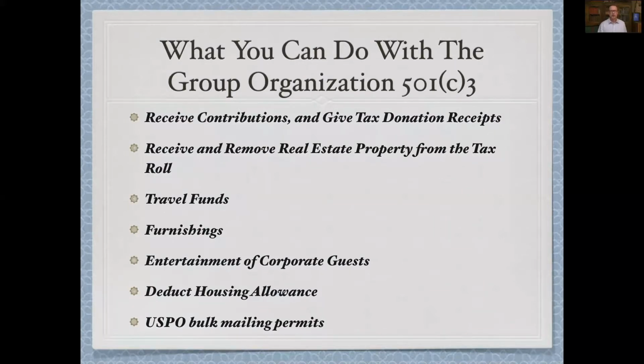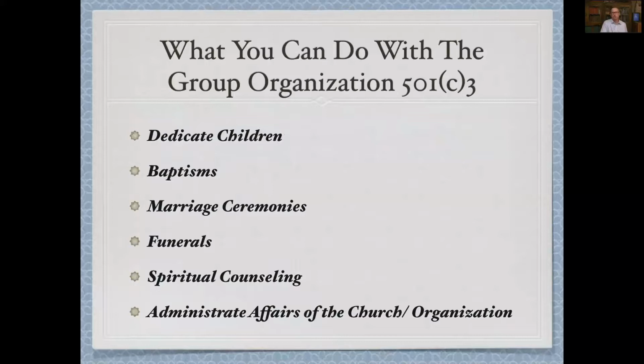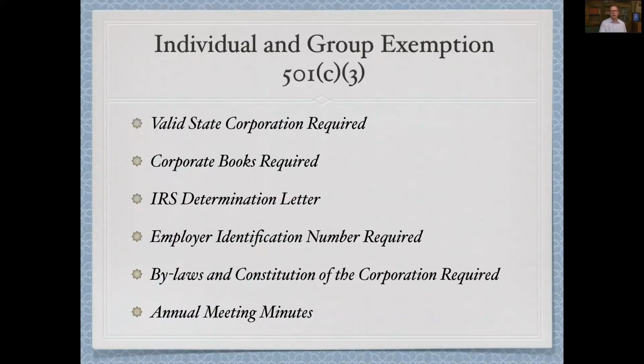Purchase property under the names and under the organization that is nonprofit, so that you're not paying taxes on that property, deducting travel funds, furnishings, entertainment of corporate guests, deduct housing allowances, as well as, if it's your desire, to do the standard practices of the church, what the church is known for doing: dedicating children, baptisms, marriage ceremonies, funerals, spiritual counseling, administrate affairs of the church and the organization. You'll be able to do all of those things under that covering.